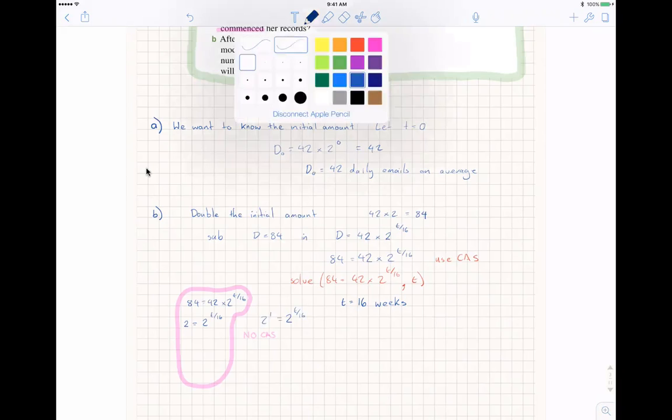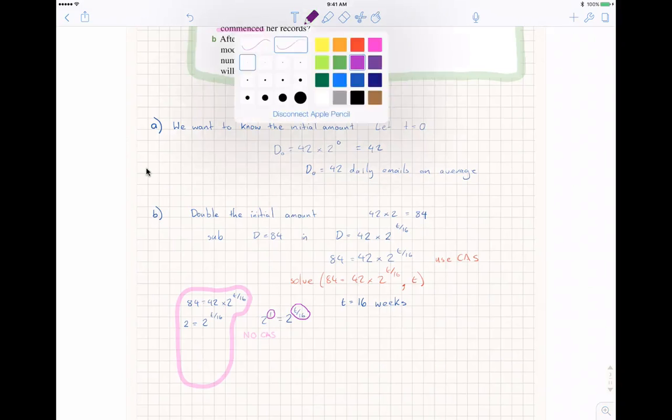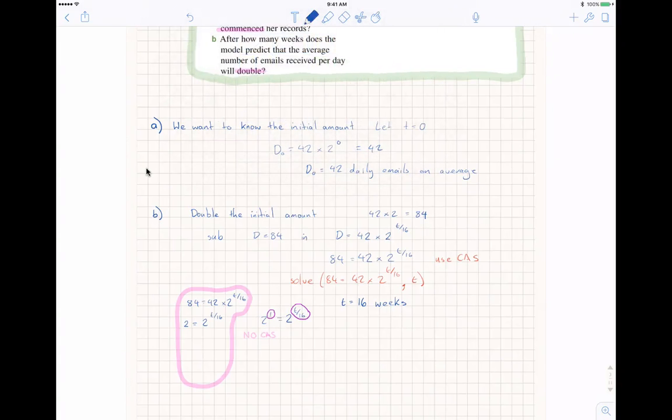Now, in fact, if these two sides of the equation are to be equal, then this power must equal this power. So we can actually write 1 equals T on 16. Timesing both sides by 16, we get 16 equals T, which is the same answer that we had previously.